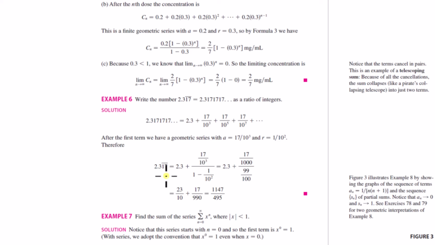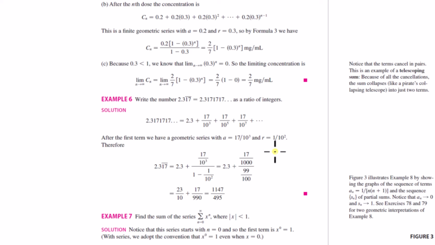Okay, and so what you have is 2.3 plus an infinite sum of a geometric series where the absolute value of the common ratio is between 1 and -1.